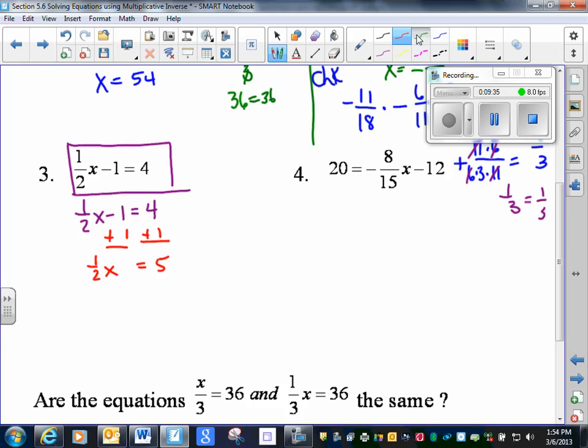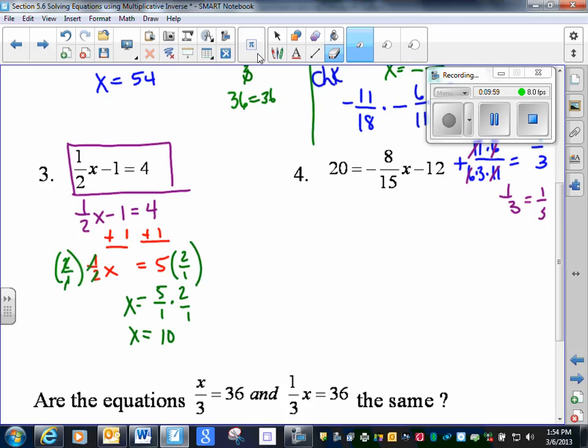Multiply both sides by the reciprocal of 1/2, which is 2 over 1. So the 2's cancel, the 1's cancel, positive 1x equals 5 over 1 times 2 over 1, or x is equal to 10. And I'll leave the check to you. I want to move on and do number 4.